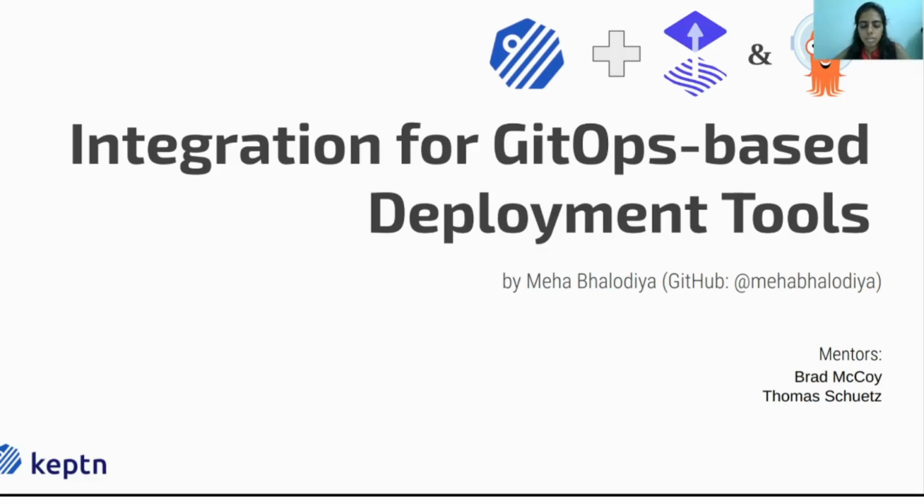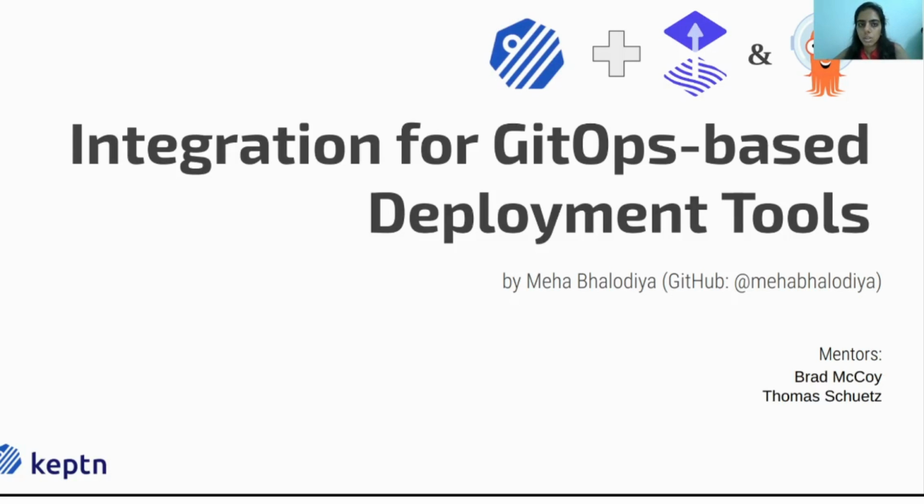So first, let's understand what Keptn is. Essentially it's quite hard to understand at first sight, but we can say that it's an event driven orchestration engine for cloud native apps.